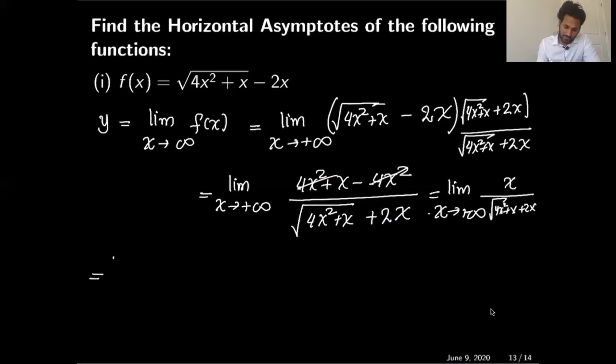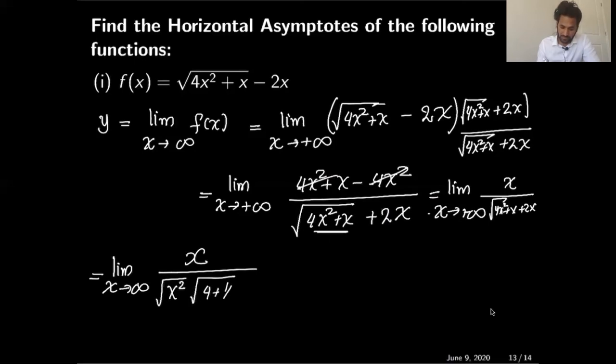So now, limit as x approaches infinity, x over, I will pull out x squared from inside the square root. So if I pull out x squared, this will become the square root of x squared and the square root of 4 plus 1 over x, and then this is 2x.